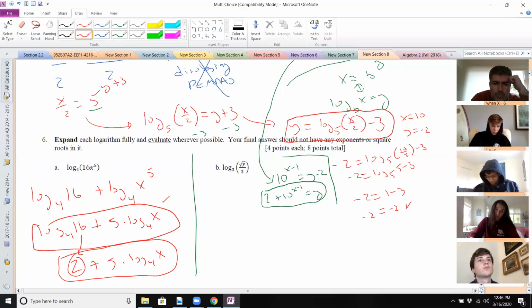So once you guys try part B on your own, and by the way, if it's division, you're going to be using a different property. And keep in mind you have a square root of y.